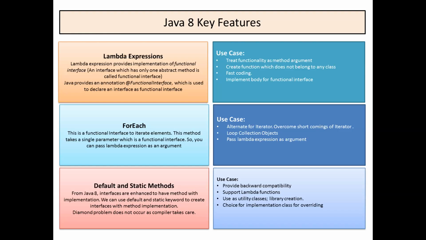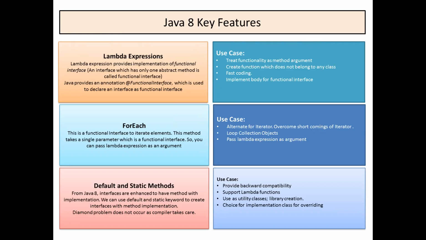These are a couple of key features: lambda expressions, the default and static methods within the interfaces, and also forEach. forEach is basically for the collection. Previously, we used something called iterator. Let me know if you have not heard of or used the iterator interface.